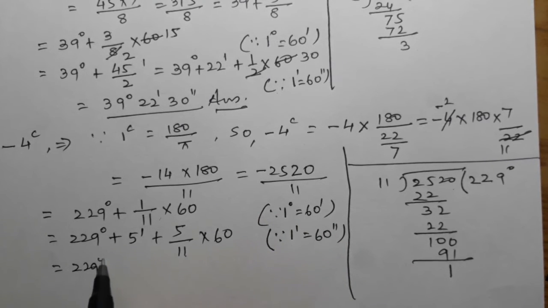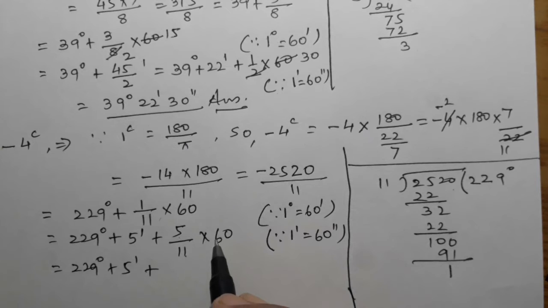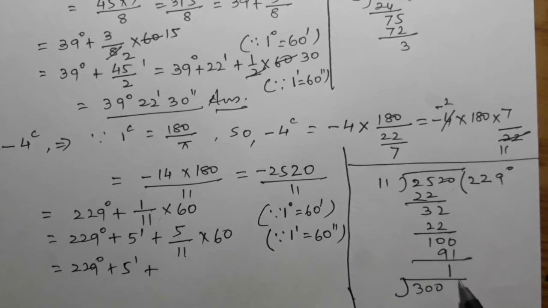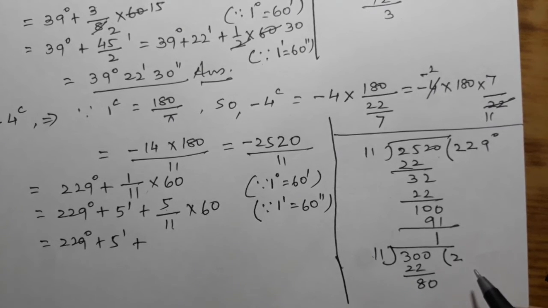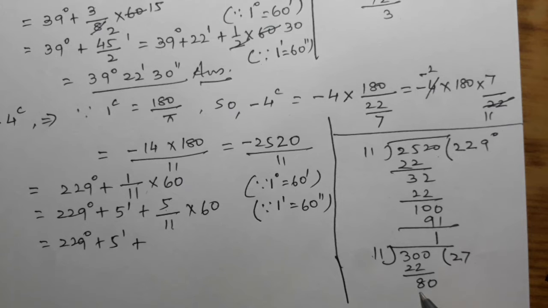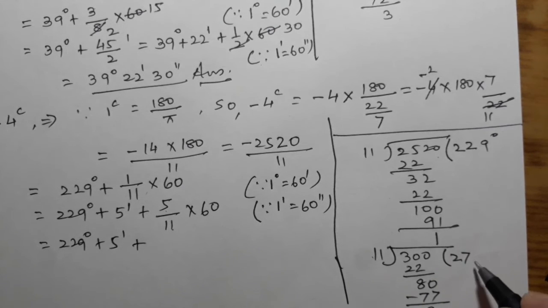So 229 degree 5 minute plus this will be 300, 5 into 60, 300 divided by 11, 11 twos are 22, it became 8, 0 is here, 11 sevens are 77, minus it will be 3, here it will be decimal, so again we shall put 0 here, so it will be 2 times 22, again it will be 8, it will be 0, so 27.27.